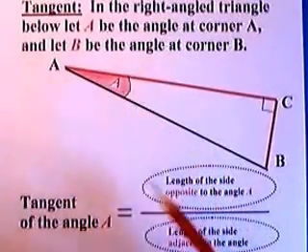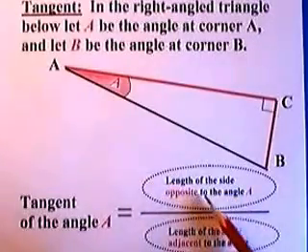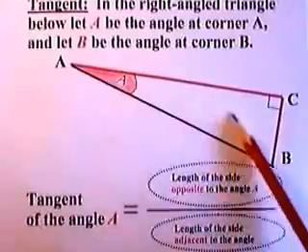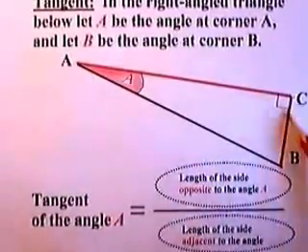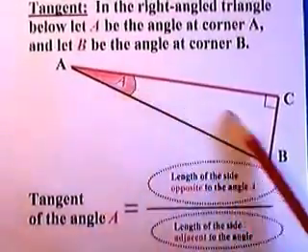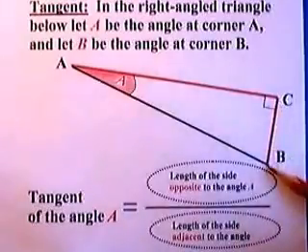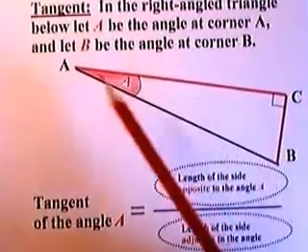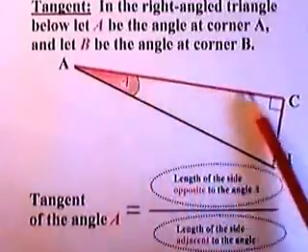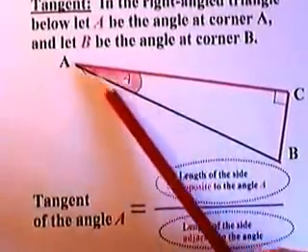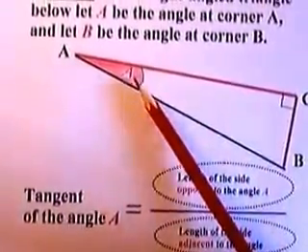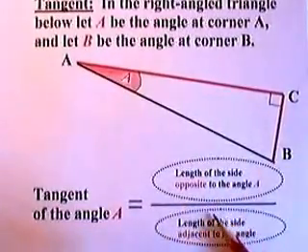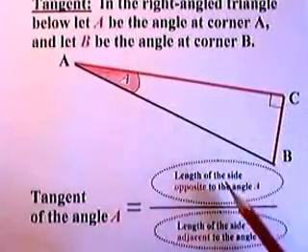The length of the side opposite to angle A. Well, there's the side here opposite to the angle A, so it's the length of BC, and it's divided by the length of the side adjacent to angle A. Well, that's the side adjacent to angle A. So the length of that side goes on the bottom of the ratio, the length of this side goes on the top of the ratio.